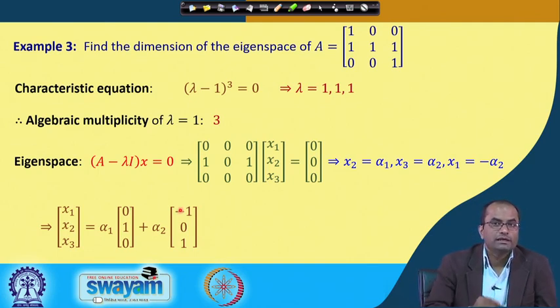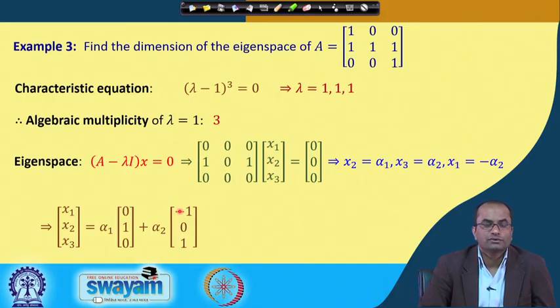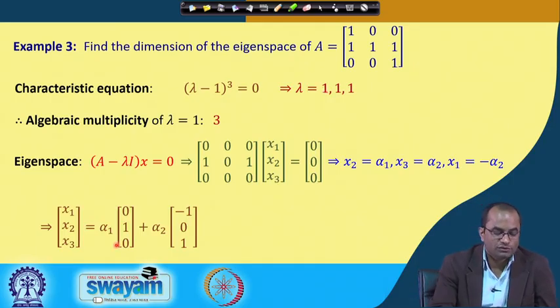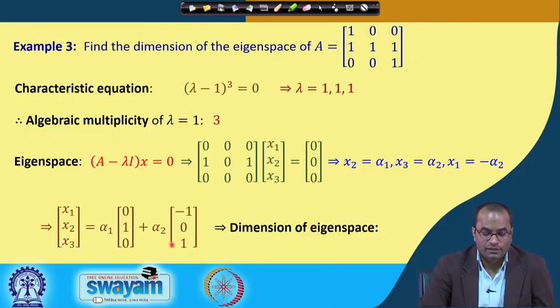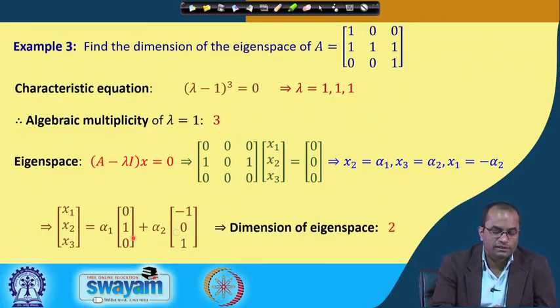So, there are 2 linearly independent eigenvectors corresponding to this eigenvalue 1, which was repeated 3 times. So, the algebraic multiplicity of this lambda equal to 1 was 3, and the geometric multiplicity of this lambda equal to 1 is, oh sorry, 2. So, there are 2 linearly independent vectors.